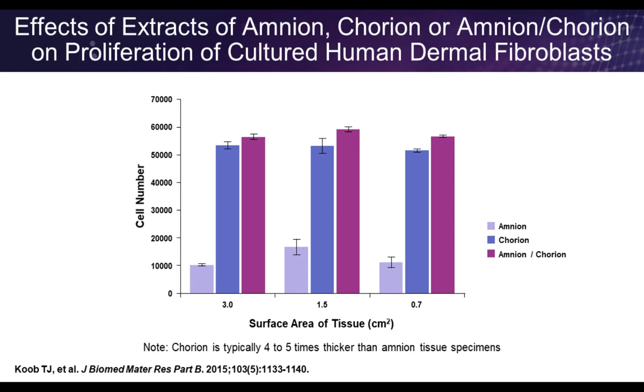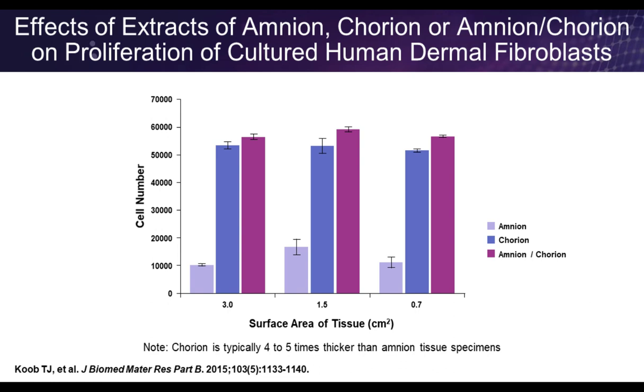Now, typically, as we saw also, the chorion is the primary area where these growth factors and cytokines are found. And so the extracts of the amnion or the chorion or the combination of the amnion-chorion also reflect the biological effects of those on these cultured fibroblasts.